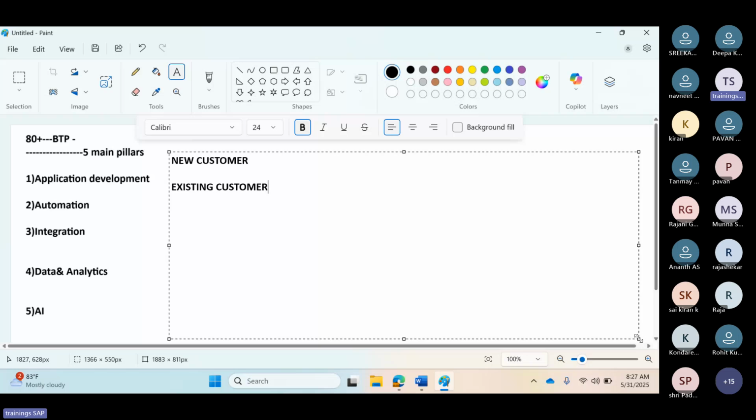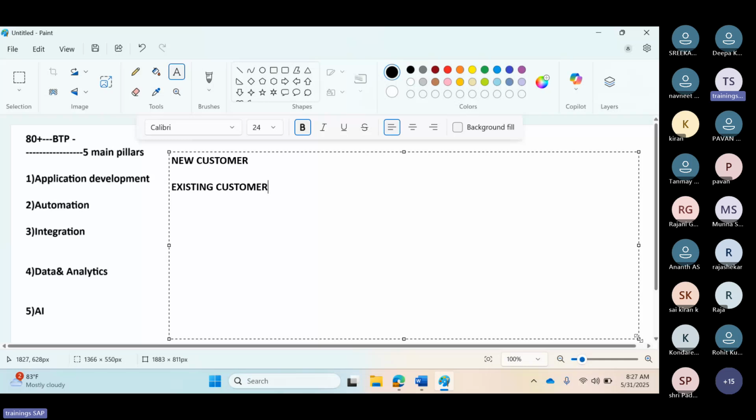The BTP services and solutions are available here. It's an offering package from SAP. It's a portfolio of all the SAP solution services brought under one umbrella. By using these BTP services and solutions, it will help organizations to build new cloud solutions and extend the SAP systems here, right?